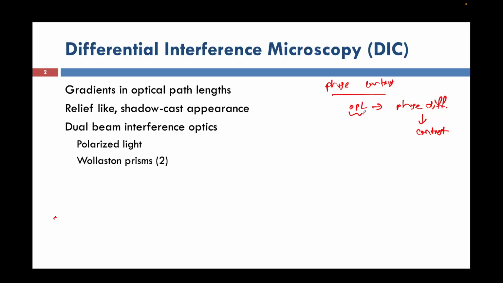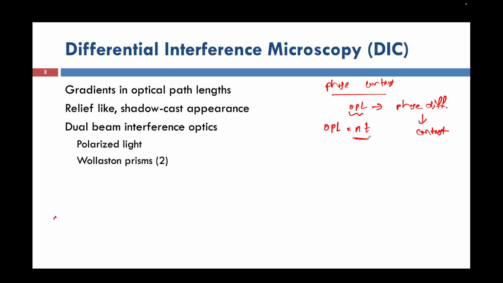The optical path length formula is n times t, where n is the refractive index and t is the thickness of the medium, which corresponds to a single value. But for a system with a gradient in the optical path length, which might not be huge, phase contrast microscopy will not give us contrast in the image. So how will we see the contrast in that case? We will see it through a method called differential interference microscopy.